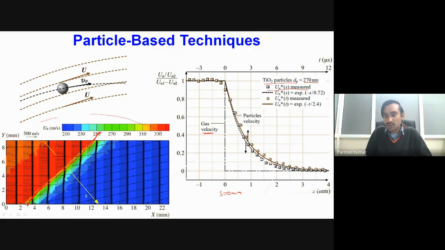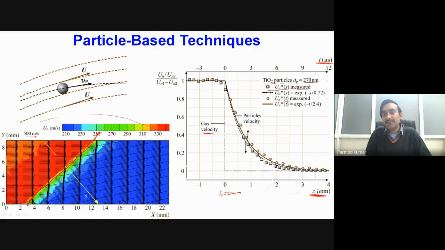One time we have measured the velocity field with space, and the second time we have measured with time. Along the abscissa, this particular bottom axis is referring to the variation of velocity with space, and this top abscissa is referring to the variation of velocity field with time, where we are having time in units of microseconds.